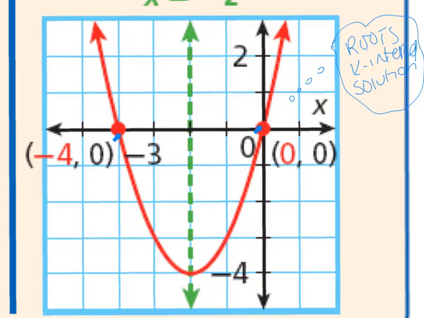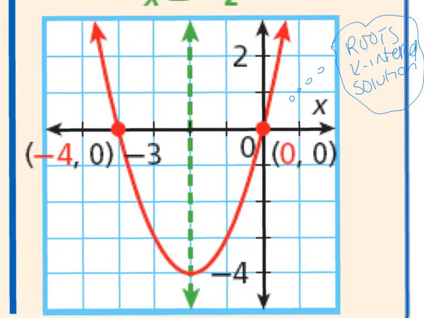And how do we find the middle between 2 points or between 2 values? We take the average. If you want to know where exactly the axis of symmetry is, if you are given 2 points, you find the average of the x's. So -4 plus 0 is -4, divided by 2 is -2.